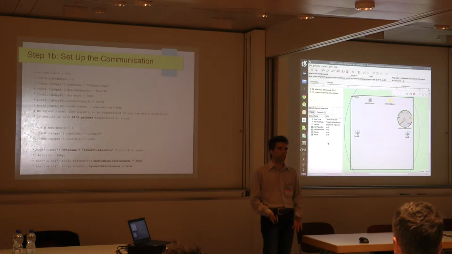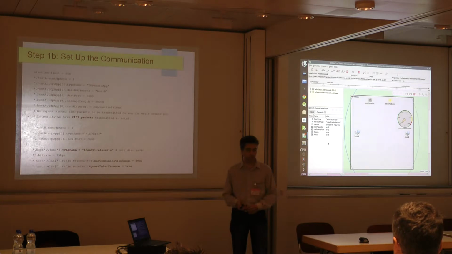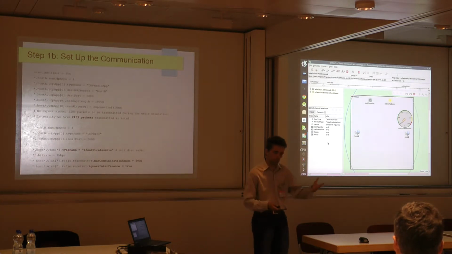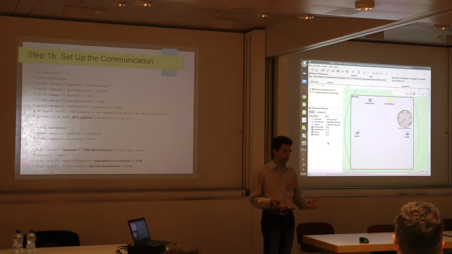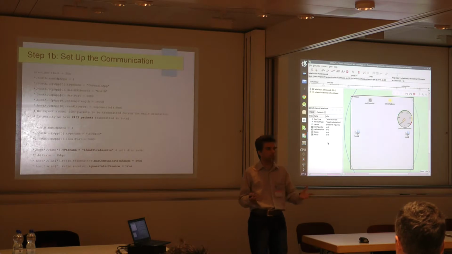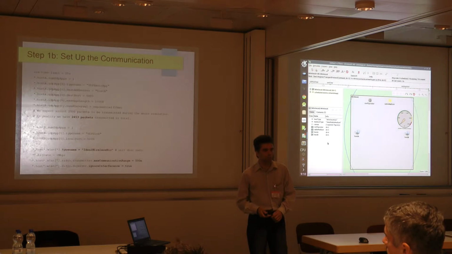For example, if you are testing a wireless routing algorithm, for example an ad hoc one, you don't really care how the low-level wireless stuff works. You just want to have something that if it's in range, then it can exchange data. If it's out of range, then it can't.